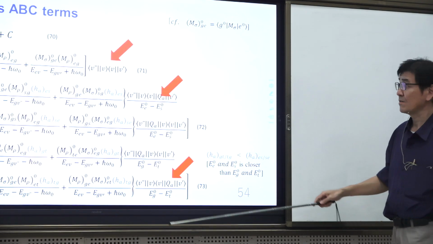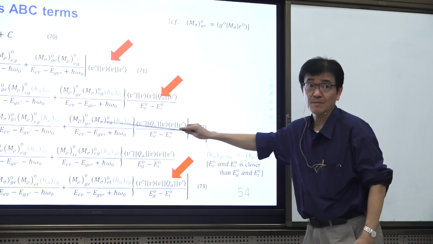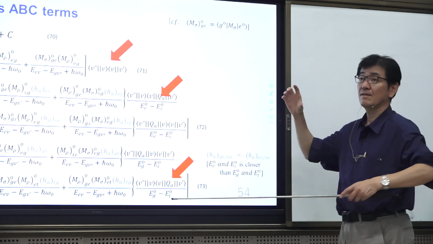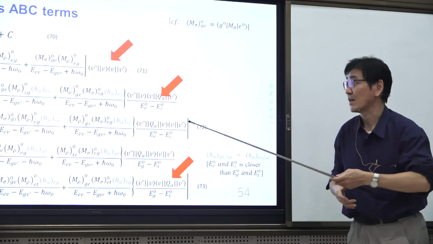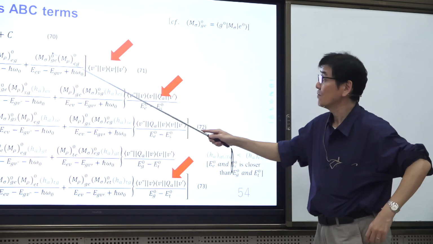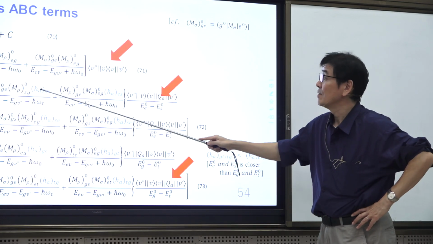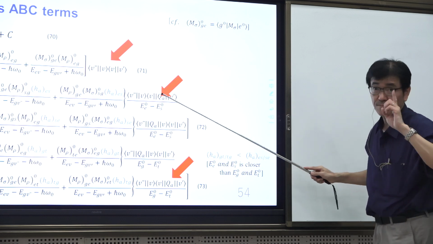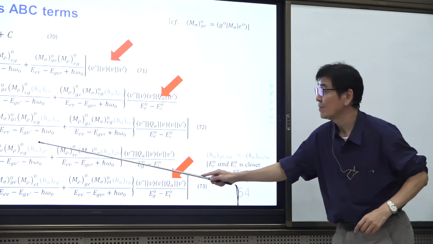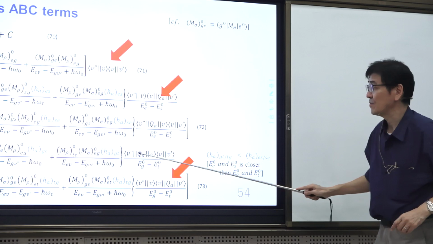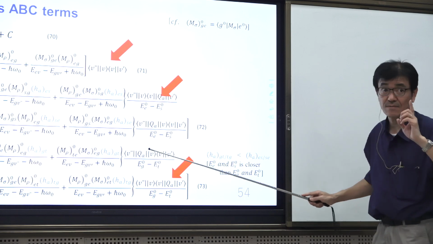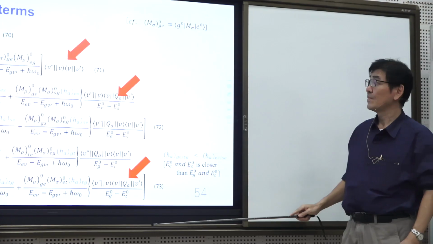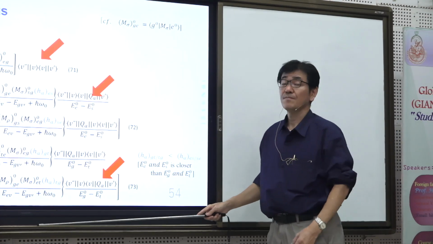On the other hand, B and C terms contain one mixing part, mixing term. So the coefficient and coordinate q appears once. They are B and C. It's clear.